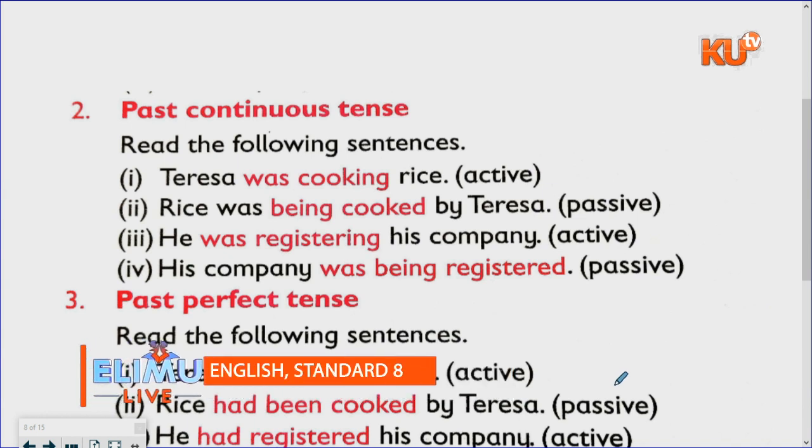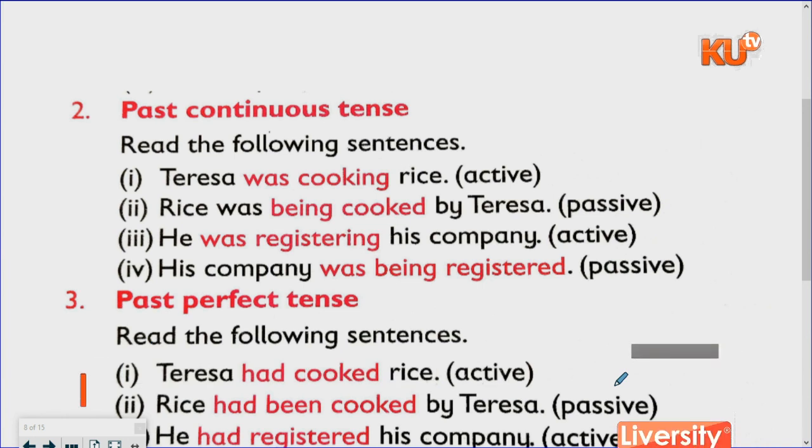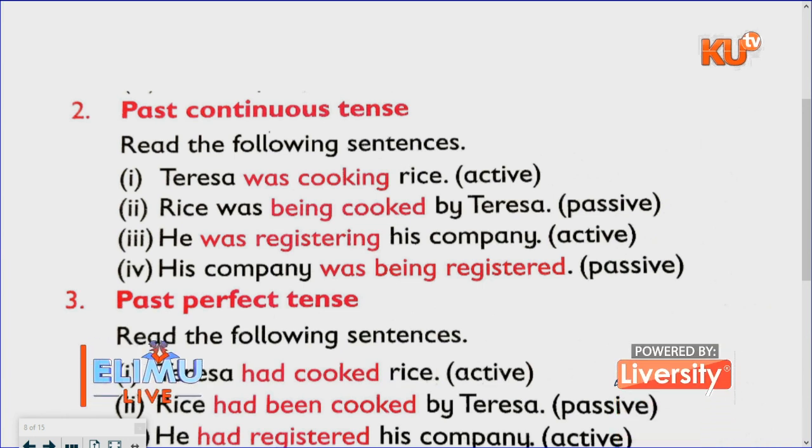I told you that the suffix ing indicates continuity, and therefore when it is used in a verb, you should know that the verb is in continuous tense. It could be in past continuous or present continuous or future continuous. Teresa was cooking rice. It is in active, so it will change to rice was being cooked by Teresa.